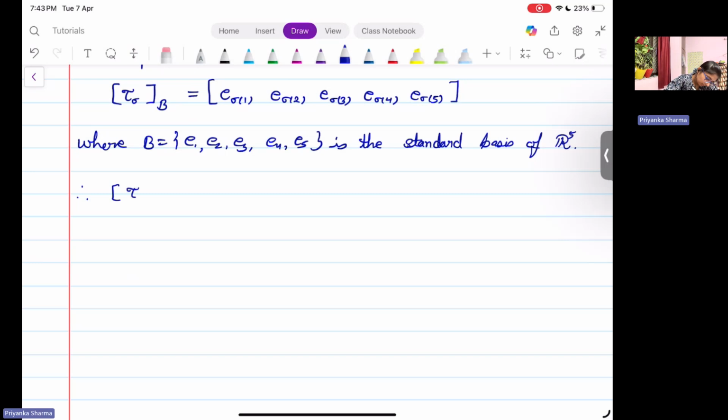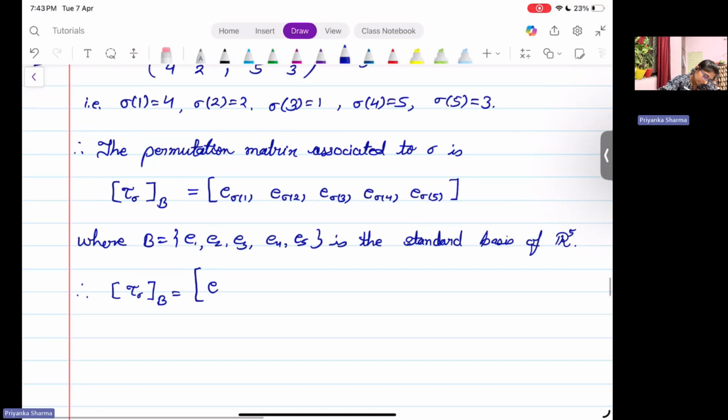So this one will be E sigma 1, that is E4, comma, E2, E sigma 3, that is E1, E sigma 4, that is E5, and E sigma 5, that is E3.